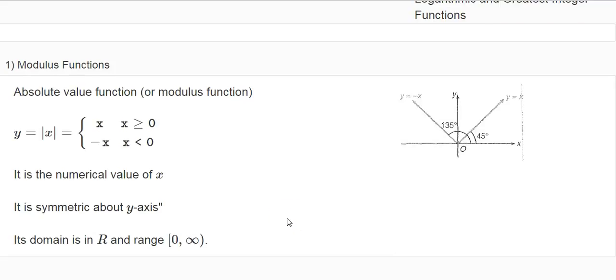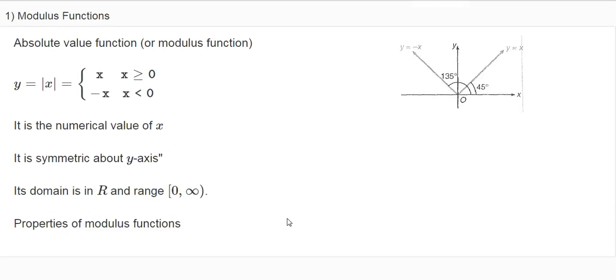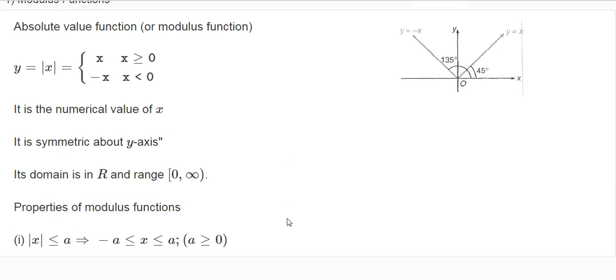Now let us discuss some properties of modulus functions. Suppose modulus of x is less than or equal to a, then x would be between minus a and a.